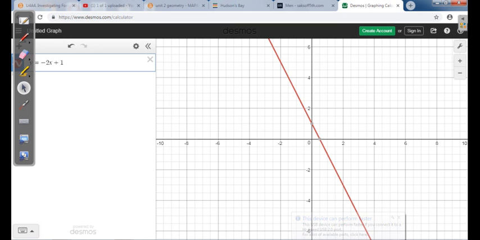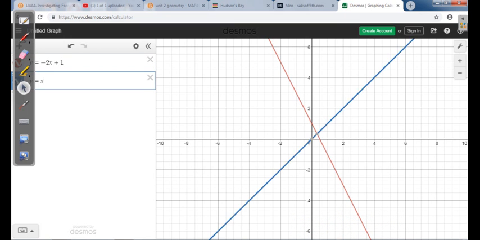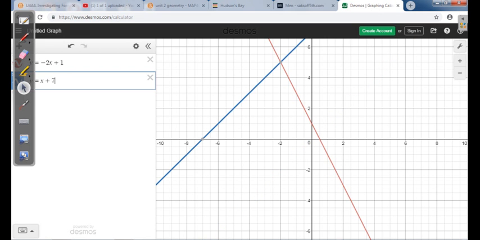And the second one is y equals x plus 7. I want you to look at the point of intersection right here. What does it say? That's a point where the two lines meet. What does it say right there? Is that the answer that we got? Okay.